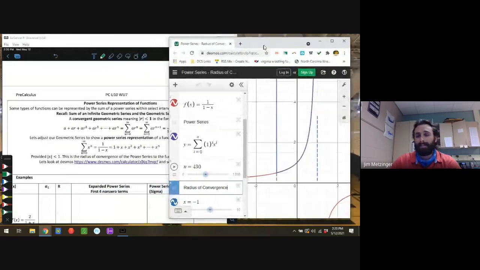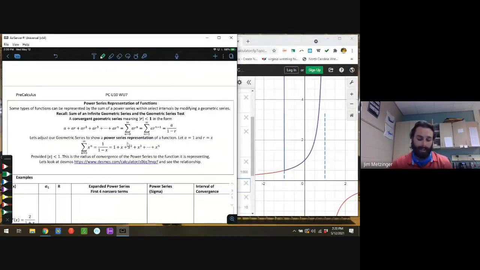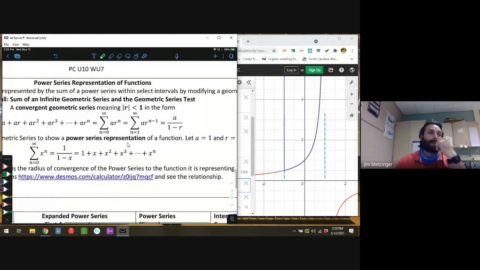All right, we got to talk a little bit about what a power series representation is before we get into using the applet.